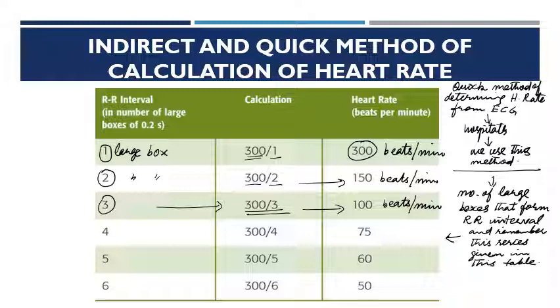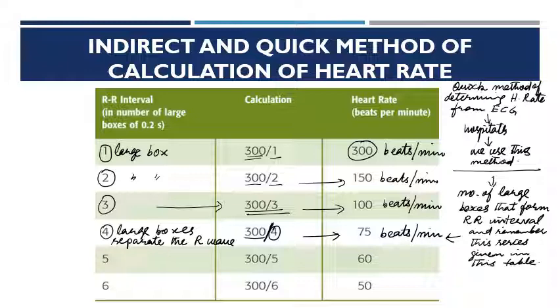If four large boxes separate the R waves, then divide 300 by 4 and the calculated heart rate will be 75 beats per minute.